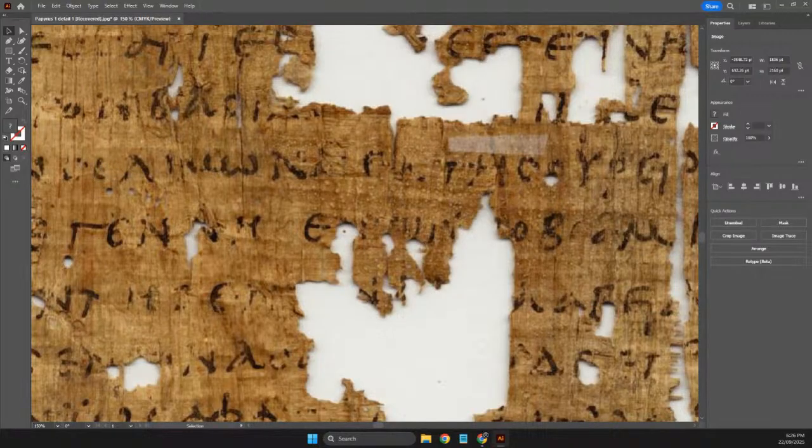I don't think there's any other variant that would fit with that, but it does look a little bit like, an omicron's usually just looks like an O, but that sort of looks like a bit of an E. Maybe it's just peeled off a little bit. Definitely a lambda.